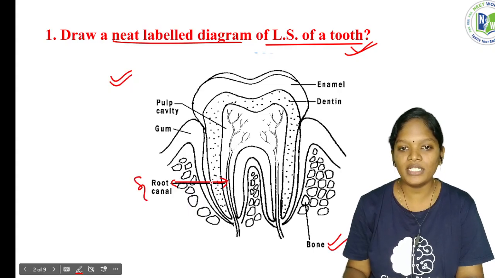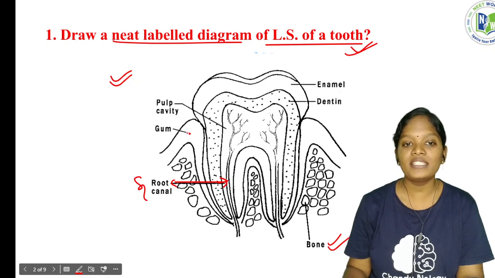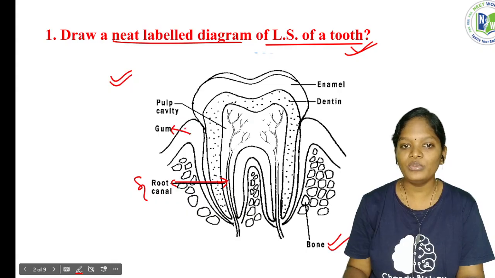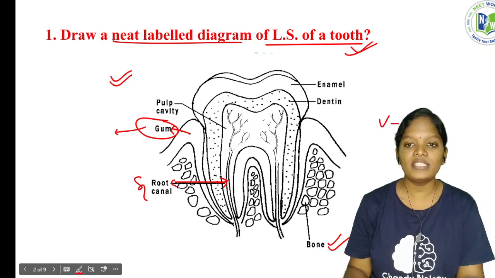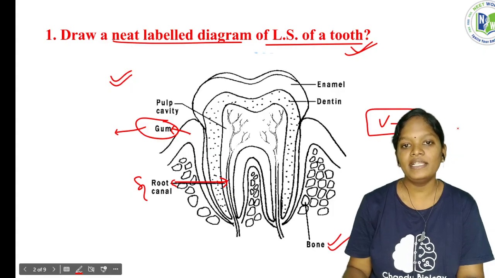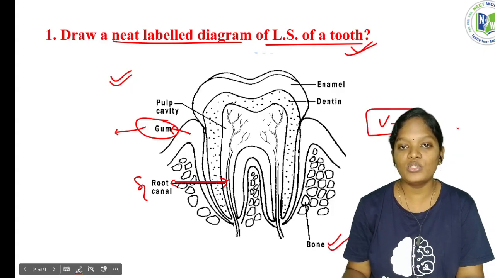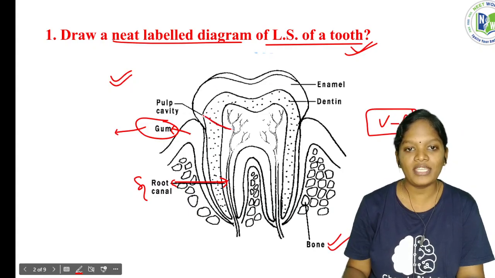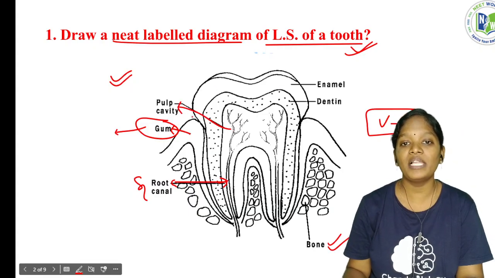This is the root canal area, and this is the gum. In each tooth there is a structure called the gum. If there is no proper vitamin C, it leads to bleeding gums and loosening of the teeth. This is the pulp cavity.